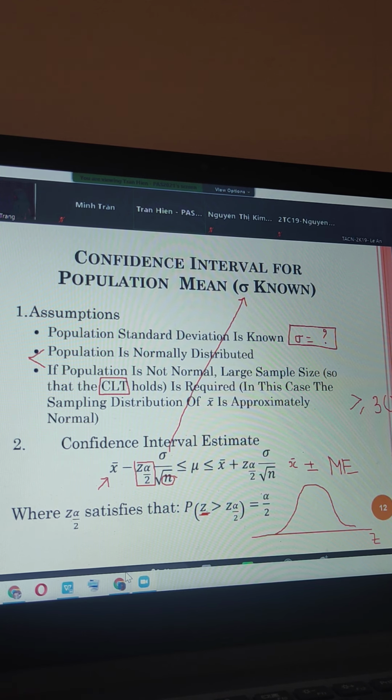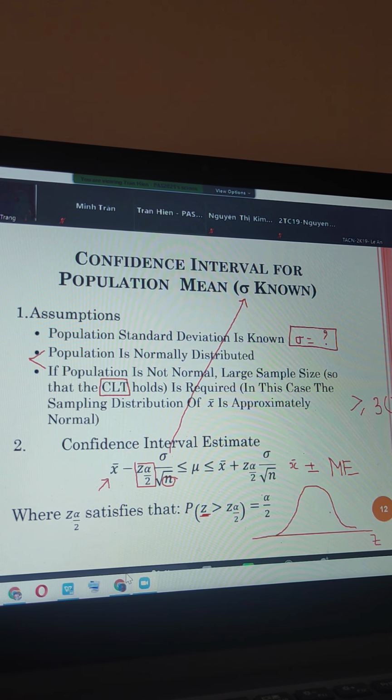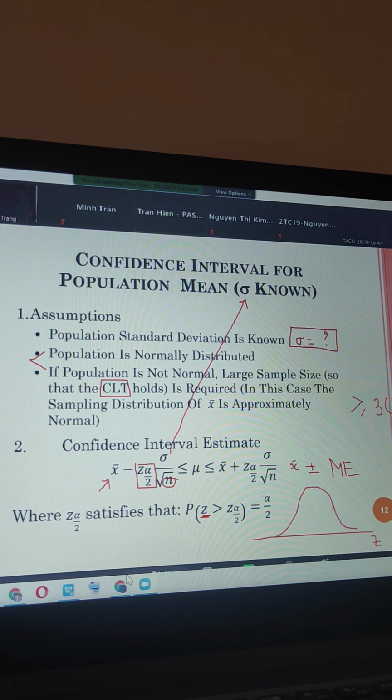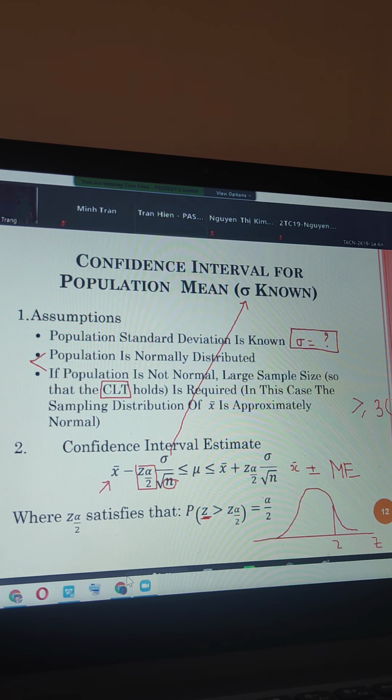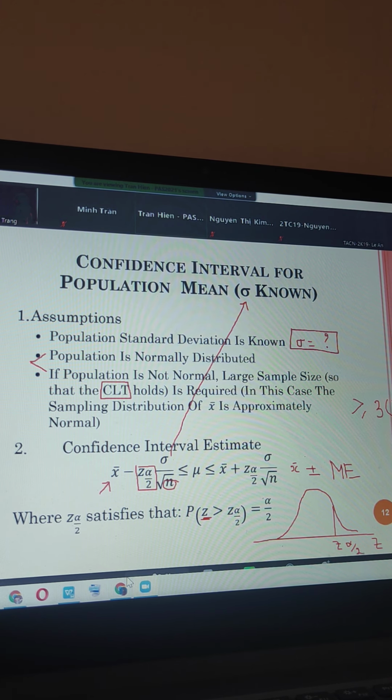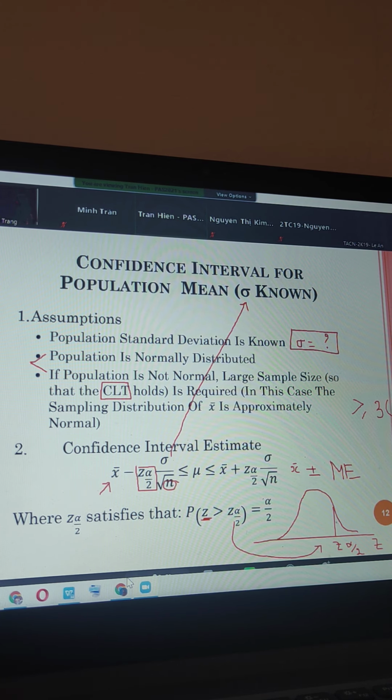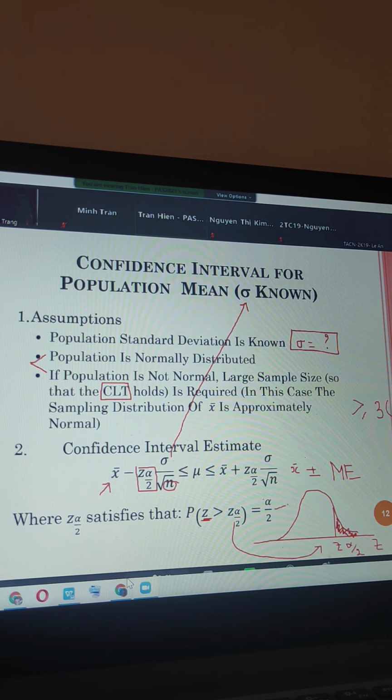And in here, the probabilities are the areas when z is greater than z alpha over 2, here on the horizontal line. So the area on the right hand side is exactly alpha over 2.